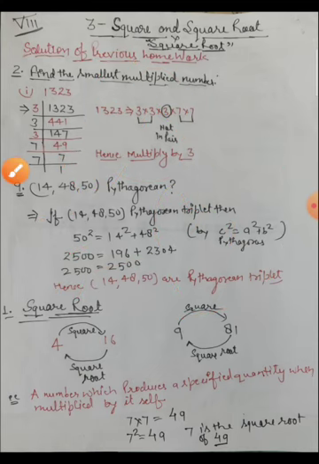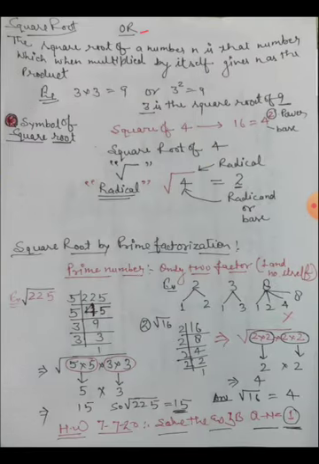So this is the square root. You can also say the square root of a number n is that number which when multiplied by itself gives n as the product. Here 3 multiplied by 3, 2 times, means itself, gives 9, or 3 square is 9. So 3 is the square root of 9.